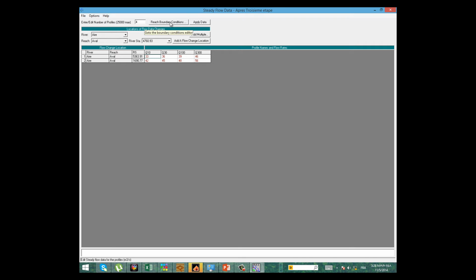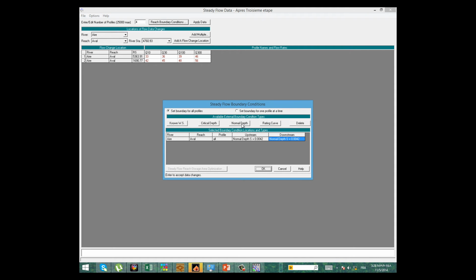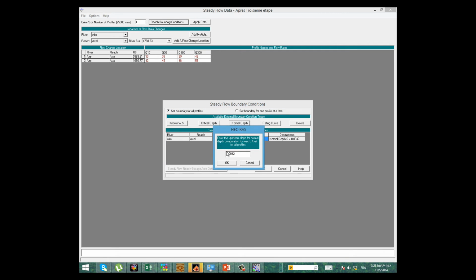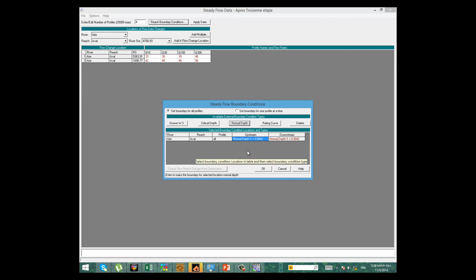And the reach boundary condition is now for a normal depth. We just click here and put the slope of the energy grade line. The slope is realistic, 0.042. We can take the slope from the ground surface, that is vertical increase to horizontal increase.